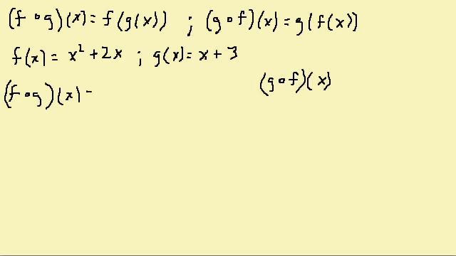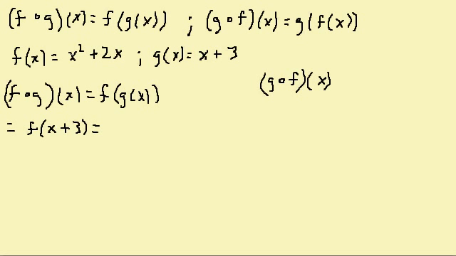So that is equal to f of g of x, which is equal to, okay, so now we're going to take x plus 3 and put it in and replace g of x with that.